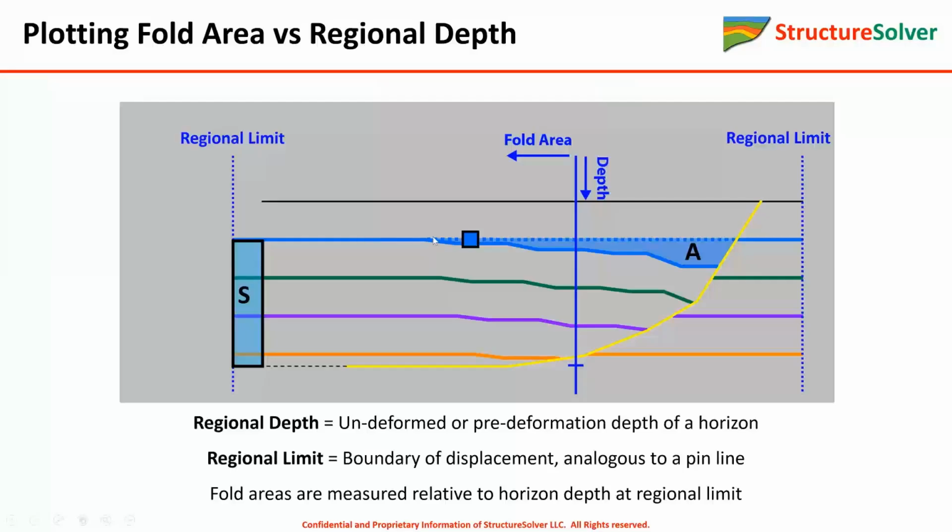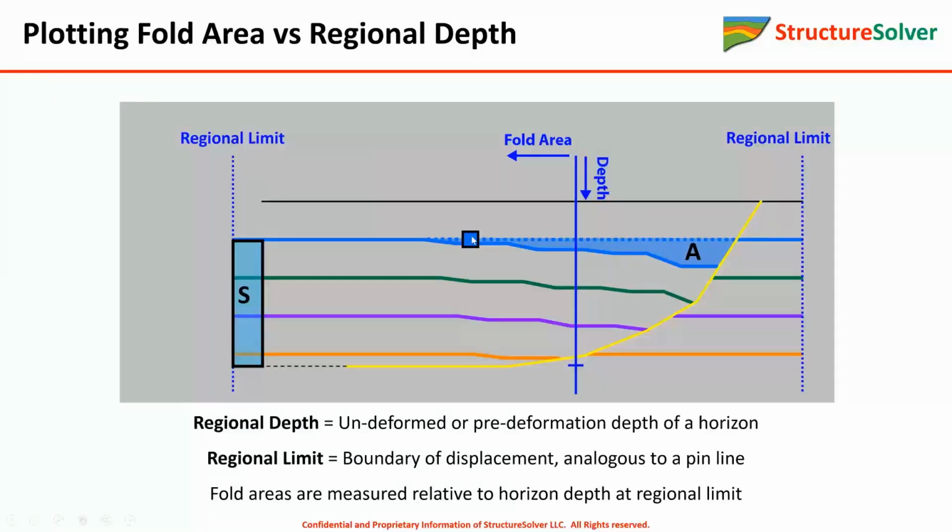And then for this particular method, the flat detachment method, if we just draw a straight line from those 2 depths, that gives us our regional depth line that we measure the fold area relative to. And so for this first blue horizon, that shaded region is plotted on an area depth graph. So it's bound at the bottom by the fold shape and then limited at the top by the regional depth, so the pre-deformation depth of that horizon.